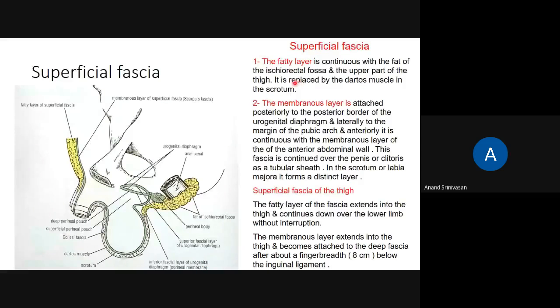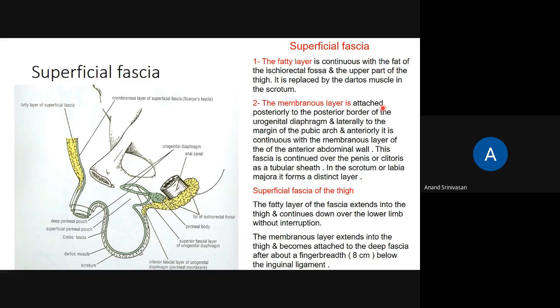In the genitals it is replaced by the dartos muscle, which is present in the scrotum. You know this dartos muscle is responsible for the rugosity of the scrotum. Along with the cremaster, it helps in maintaining the temperature of the testes.